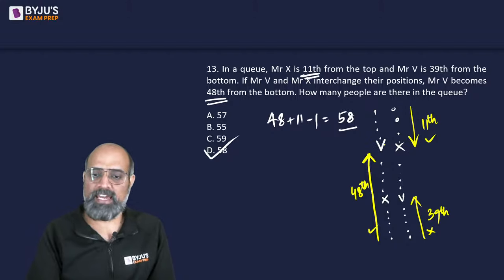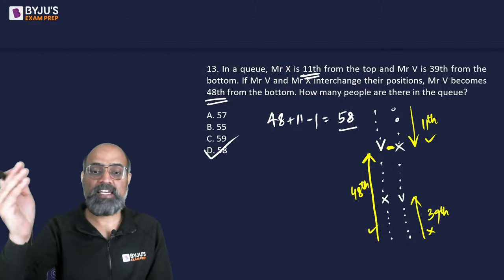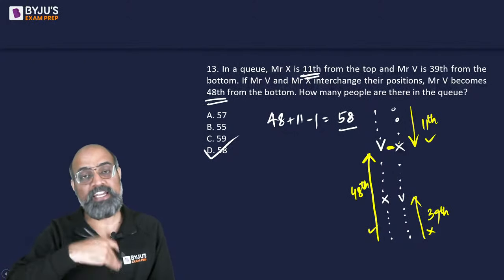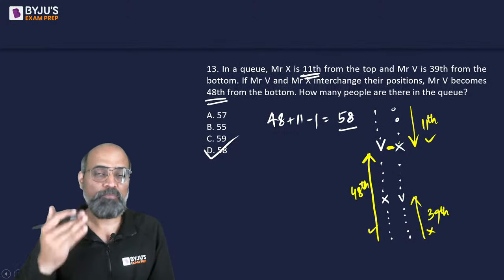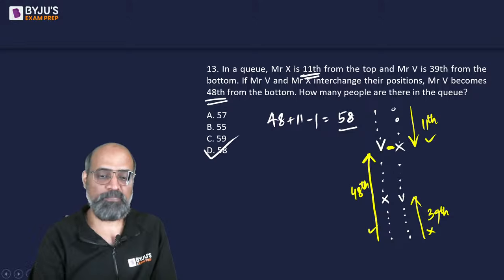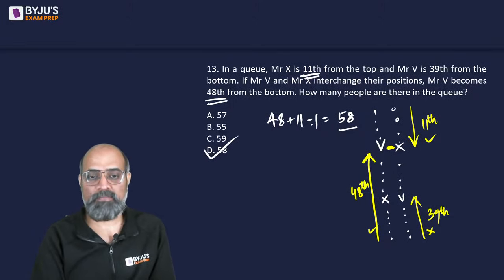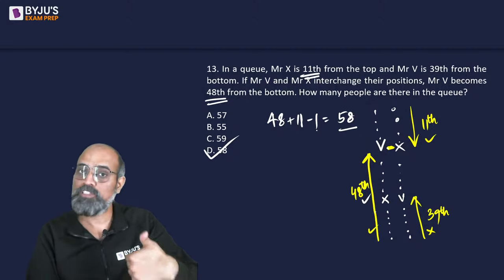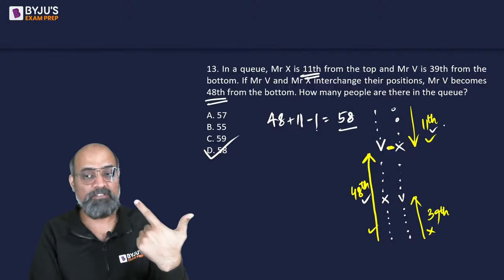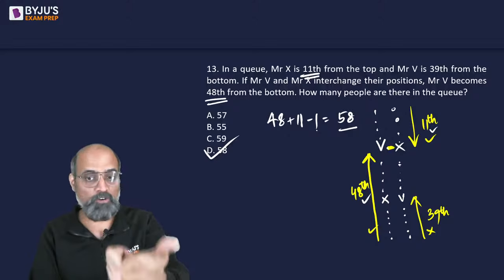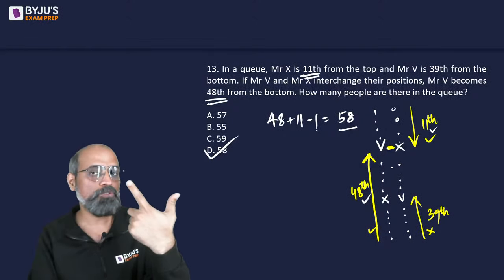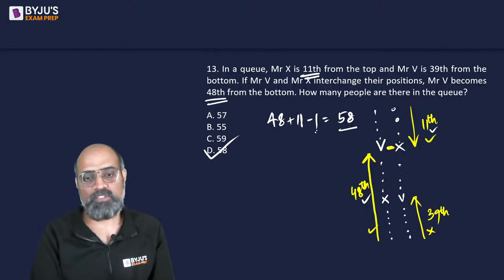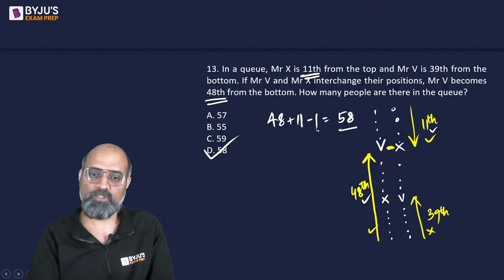So can we say the position over here is 11th from the top and 48th from the bottom? So how many positions are there? 48 plus 11 minus 1. Why minus 1? Because this position has been counted twice. When we say 48th, and when we say 11th, we have counted that position twice, but we are supposed to count it only once. So that's why we subtract that position once. You get 58.